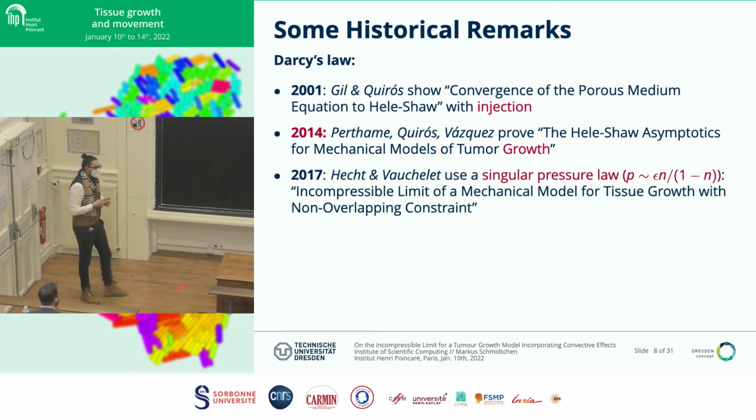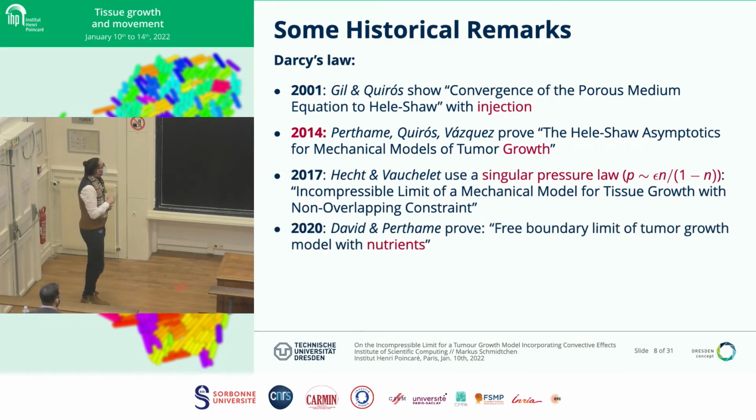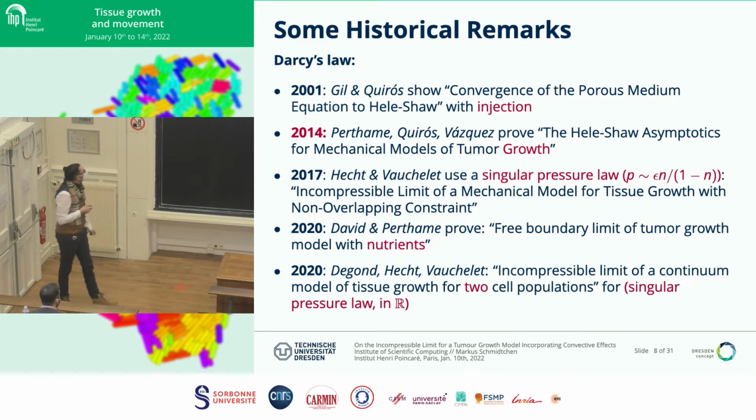And then from there have been various generalizations for various pressure laws. There's this work by Hecht and Vauchelet for the singular pressure law that already incorporates some level of incompressibility. Then nutrients have been included in the dynamics by David and Perthame. And then the strategy was extended to systems of interacting species, for instance, normal and abnormal cells.